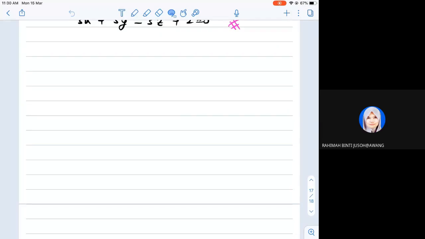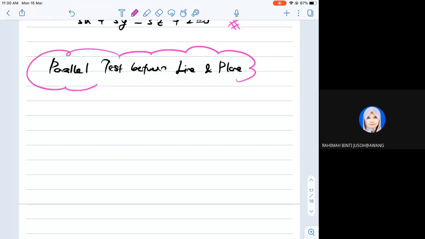Parallel test between line dengan plane. Parallel test between line and plane. Tadi antara line dengan line tau. Ni antara line dengan plane.